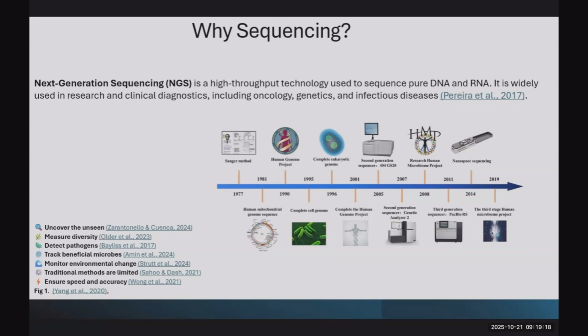It's very portable. You can take it to any environment. You can take it with your boat to do aquamarine sequencing over there. And now the third stage of the Human Microbiome Project, using these long-read sequencing technologies, started in 2019.